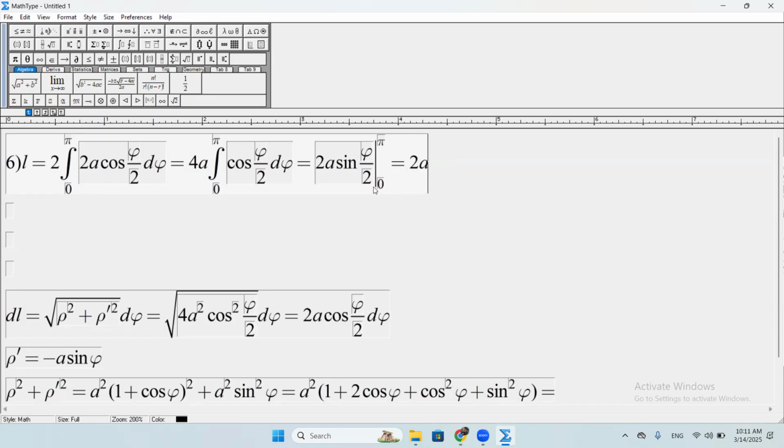Any questions about this exercise? Probably I made a mistake. I think that cosine. Sorry? I mistaken.